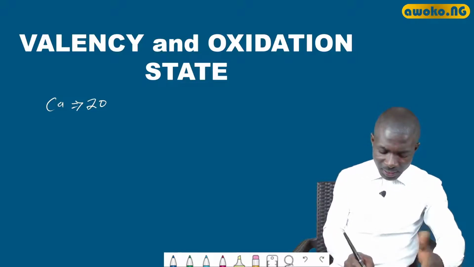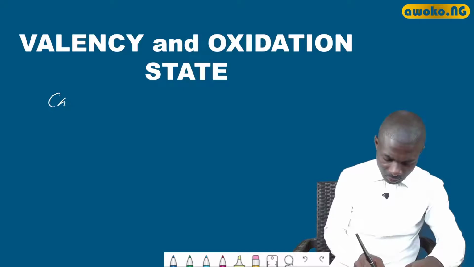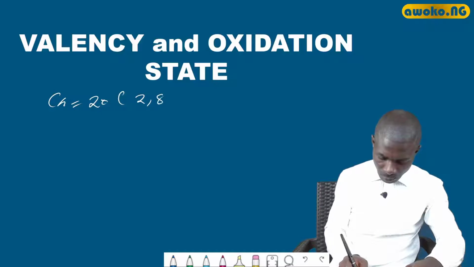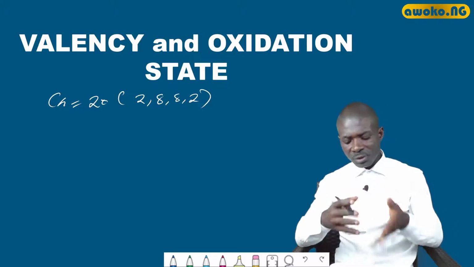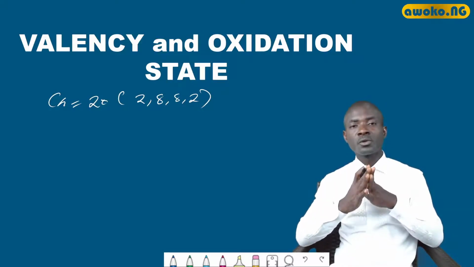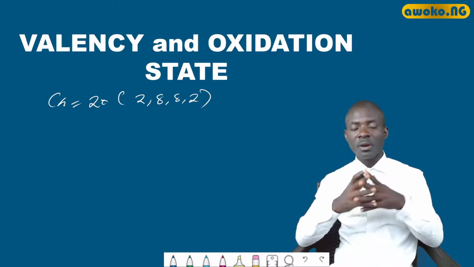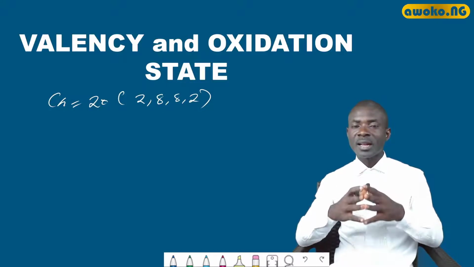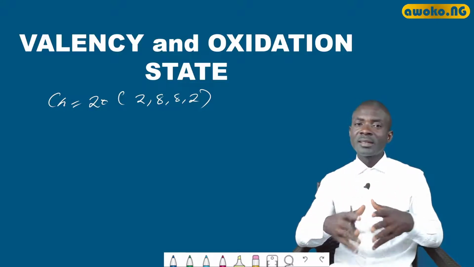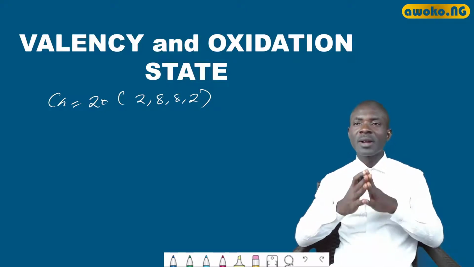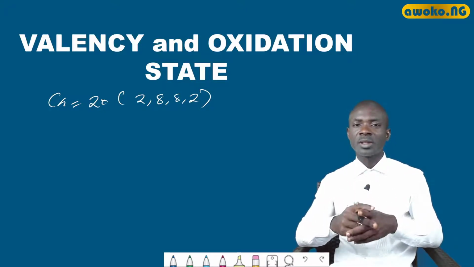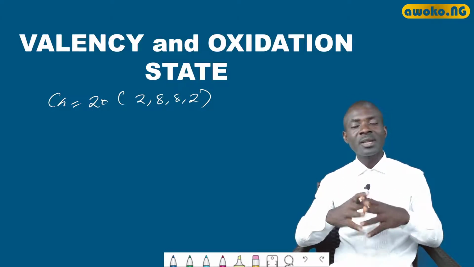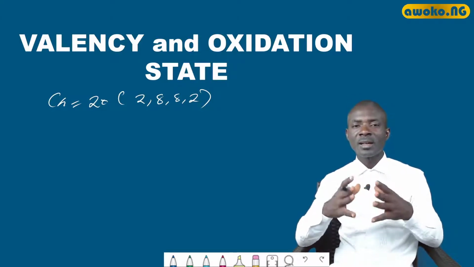So if I have an atom of calcium, I can simply represent it as 2, 8, 8, 2, indicating that the first shell has maximum of 2 electrons, the second shell has maximum of 8 electrons, the third shell has maximum of 8 electrons, while the last shell has 2 electrons. So in that case, it is clearly showing that the valency of calcium is 2, which is the valence electrons. Valence electrons are the electrons found in the outermost shell of an element.